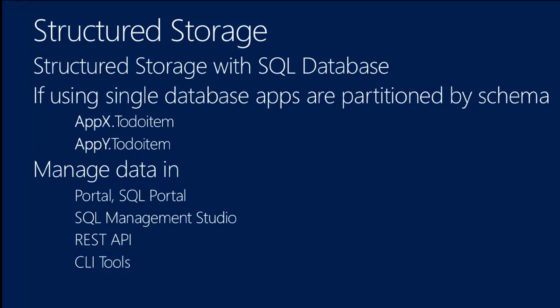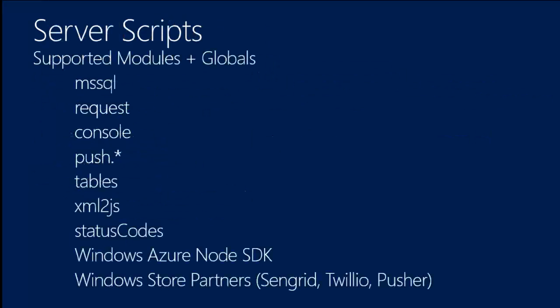Cool. With Azure SQL DB, you can change the firewall rules to open up an IP or a specific IP range so that you can connect to that Azure DB from on-prem. So you can use SQL Management Studio to get at the data. You can write directly against the REST API if you want, or we have some CLI tools used for automation, which I'll be showing in tomorrow's talk as well.